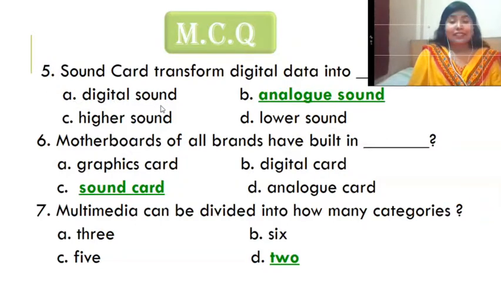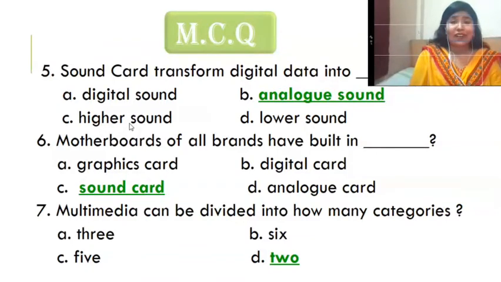A. Digital sound. How can a sound card transform digital data into digital sound? Here it is talking about transformation, so it will be the wrong answer. Number B, analog sound. And let's see the next options, C, higher sound.